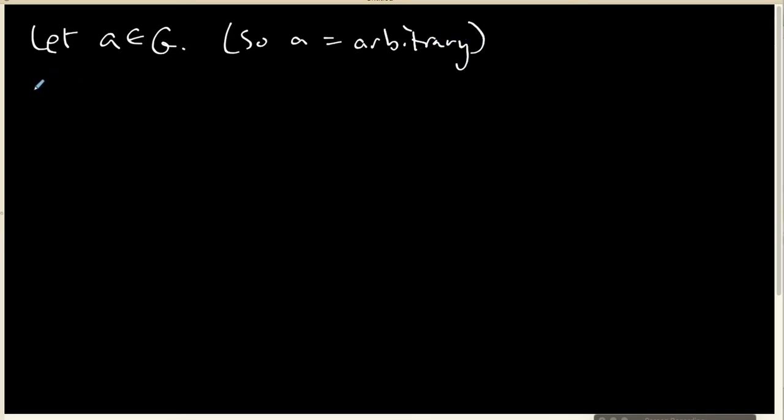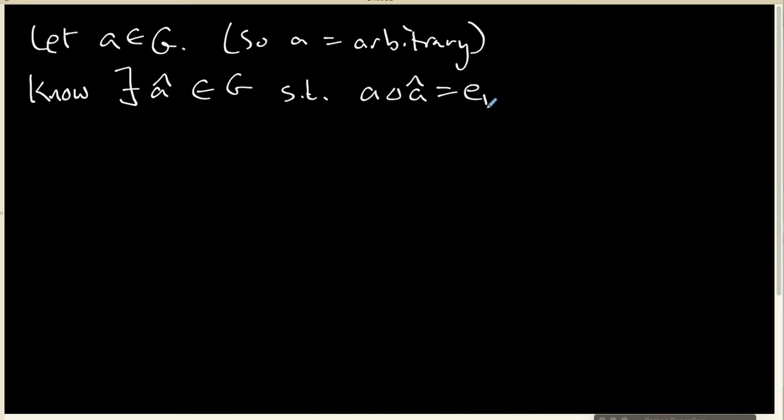We know that there exists an A hat inside G such that A triangled with A hat is equal to ER. And by lemma 2, we also know that this is A hat triangled with A. That is lemma 2. This is axiom 4.